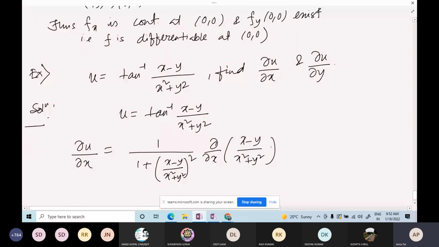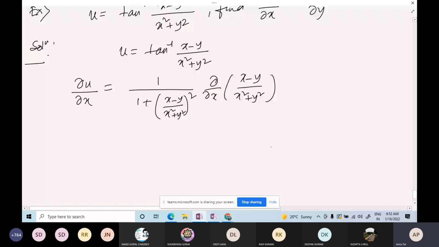If you simplify this, you will get (y² − x² + 2xy) divided by (x² + y²) whole square plus (x − y) whole square. You simplify it yourself, you get this.